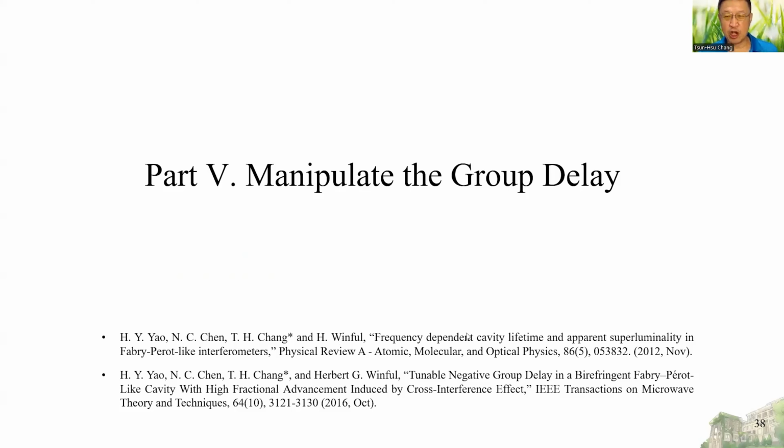One is to change the shape of the boundary, so we will propose a boundary time due to the existence of the boundary. And then by changing the polarization, we can also change the group delay. So these are two new mechanisms.